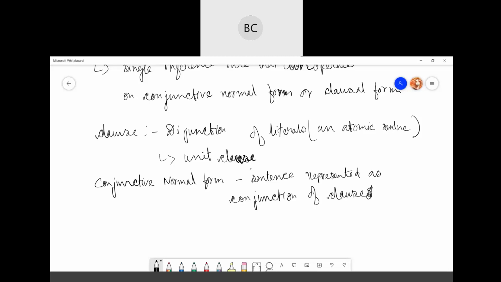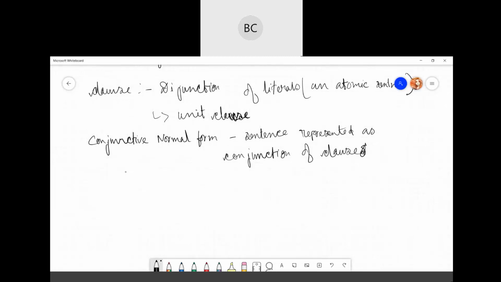So the resolution rule you can represent with L1 to Lk and M1 to Mn, and then we can substitute theta.